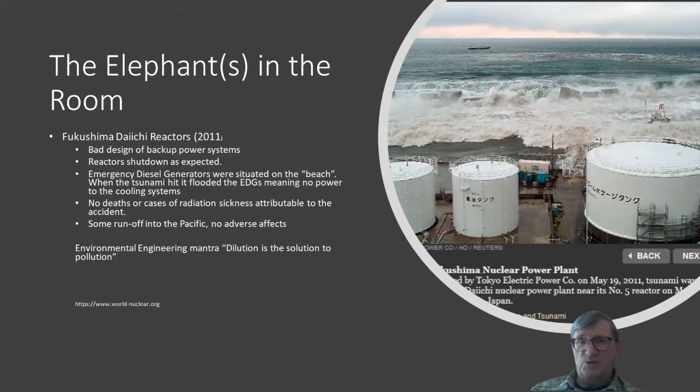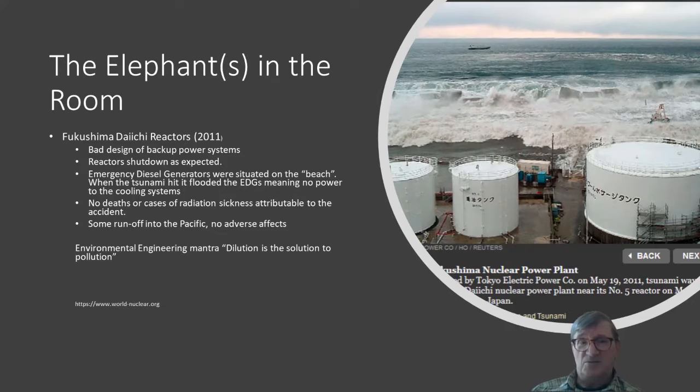The emergency diesel generators, which supplied the power for running the residual heat systems, were sitting right there on the beach. They were designed for a 25 or 30-foot wave, but unfortunately the waves were big enough that they flooded the generators, and then there was no power to drive the pumps and the residual heat removal system. That's what caused the core meltdowns.